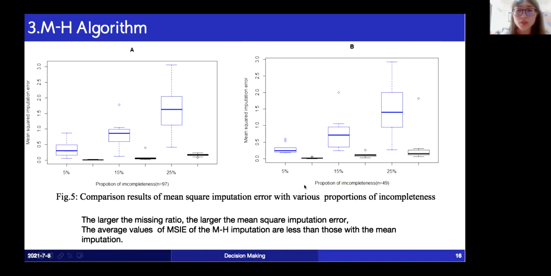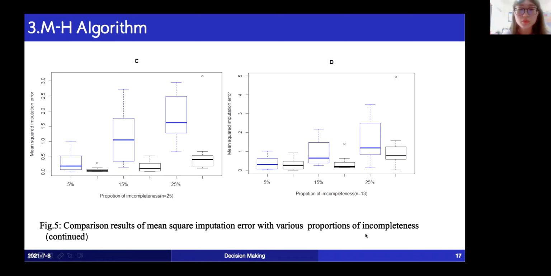And figure 5 is a box plot of comparison results of mean squared imputation error with various proportions of incompleteness between mean imputation and MH imputation. The implication is that the larger the missing ratio, the larger the mean squared imputation error, and the average values of MSIE of the MH imputation are less than those of the mean imputation.